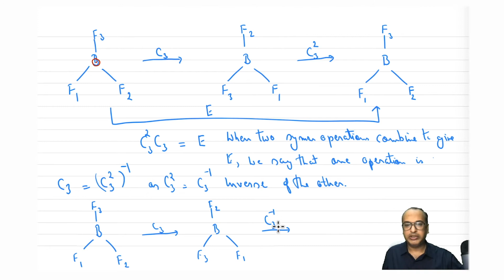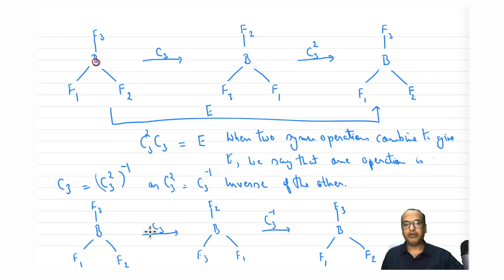And now if I'm doing C3 inverse, then that will be doing the same operation but in the other side, right? So what do I get? I get the same thing back. So 3 goes back, 2 goes back, and 1 goes back.